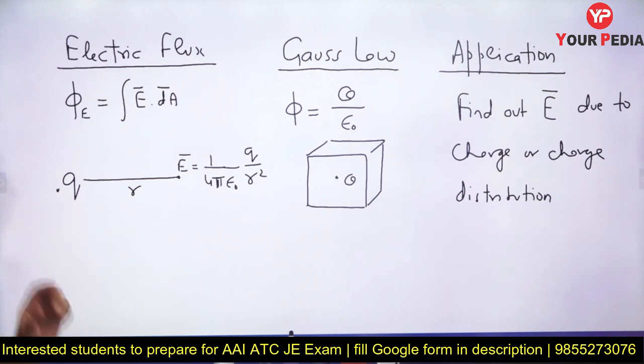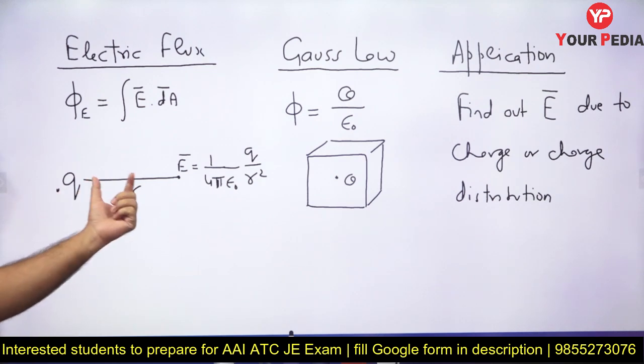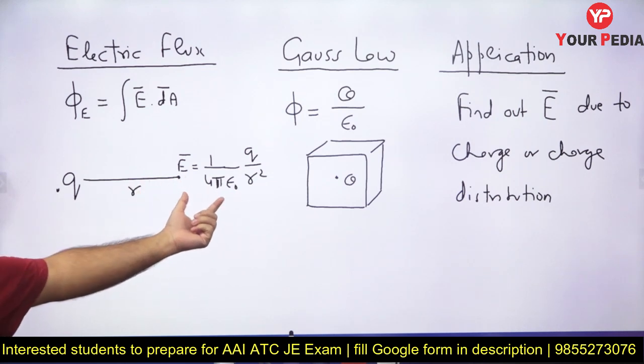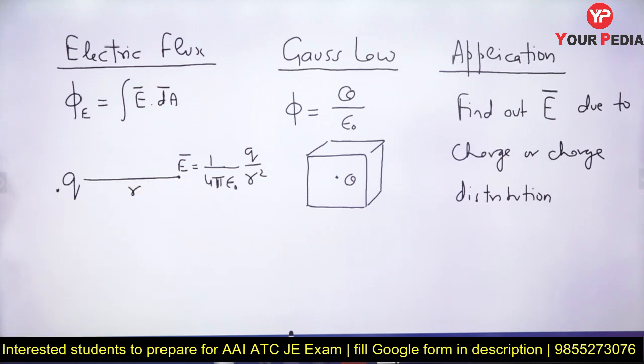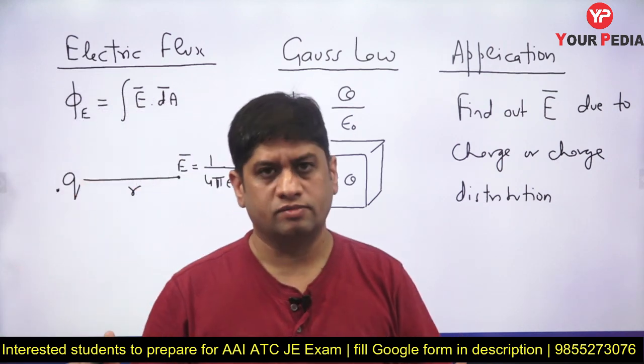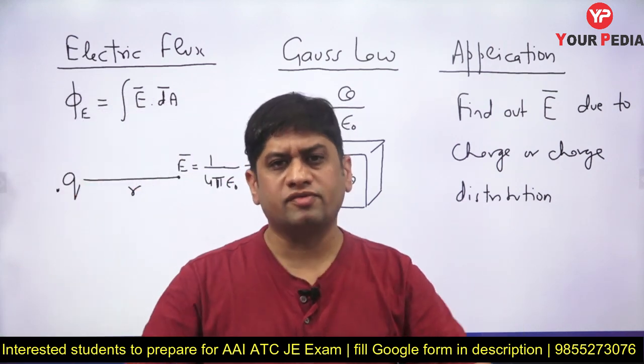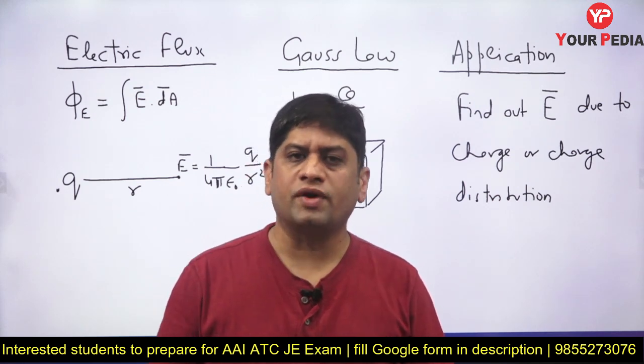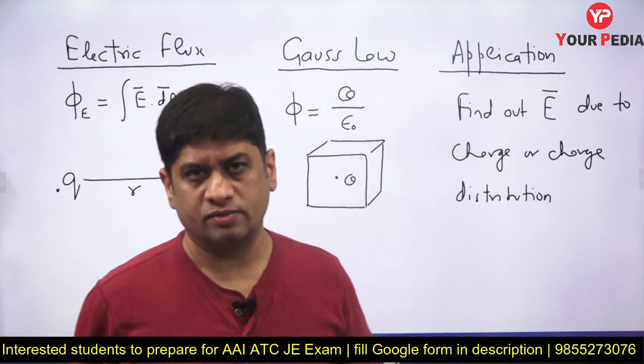Electric field because of this point charge at distance r is calculated like this. Now suppose we do not have a point charge, we want to find out the electric field because of a charge which is distributed, or a couple of charges. How to find out electric field in this situation?